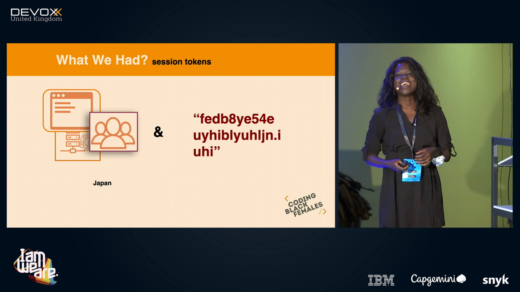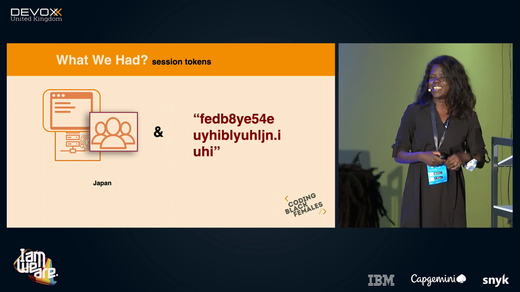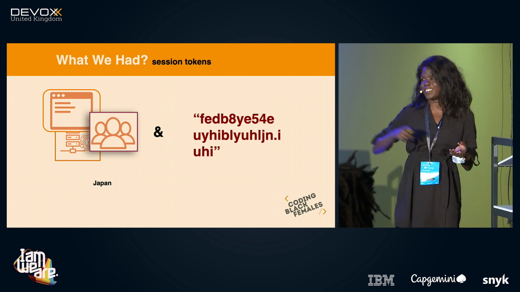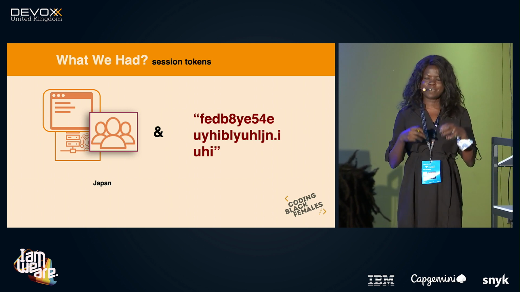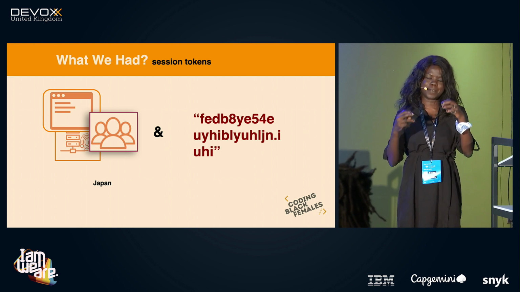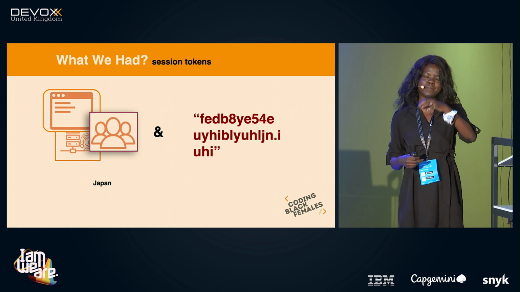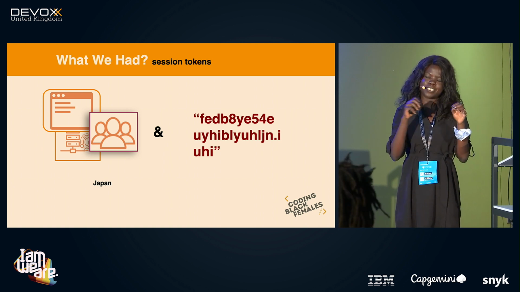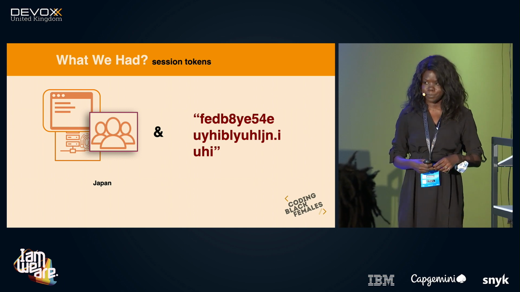So, in the case of Japan, the identity provider in that situation issued an opaque string, which basically looked like that. So when the user would sign in, they'd get their opaque string, and then every time they did a request, that opaque string would be sent with the request, and then that would need to be sent back to the identity provider to get the rights and roles for that user, and so the user could go on with what they wanted to do.